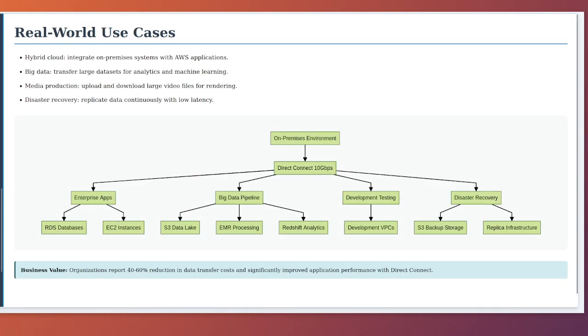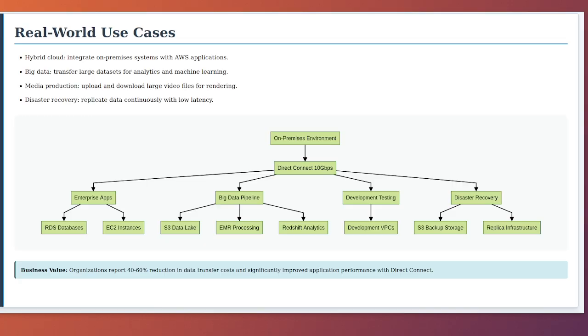Real-world use cases. Let us walk through some real-world scenarios where Direct Connect provides significant value, helping you understand how organizations use this service in practice. The first common use case is hybrid cloud architecture for large enterprises. A financial services company might have extensive on-premises infrastructure including mainframes, databases, and applications that cannot easily move to the cloud due to regulatory requirements or technical constraints.